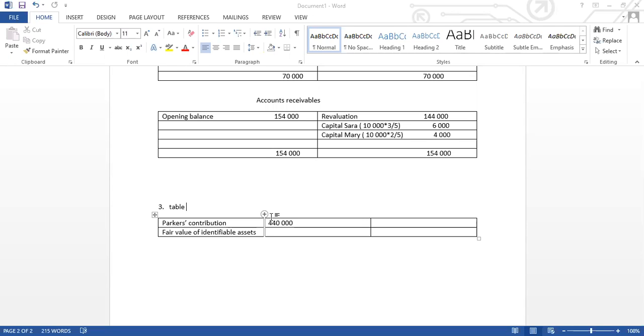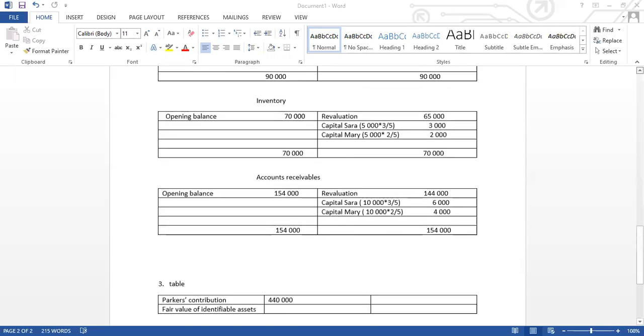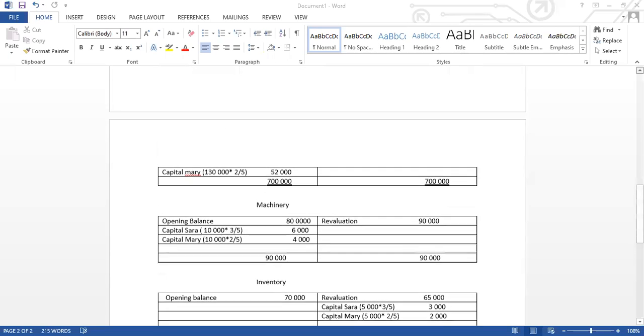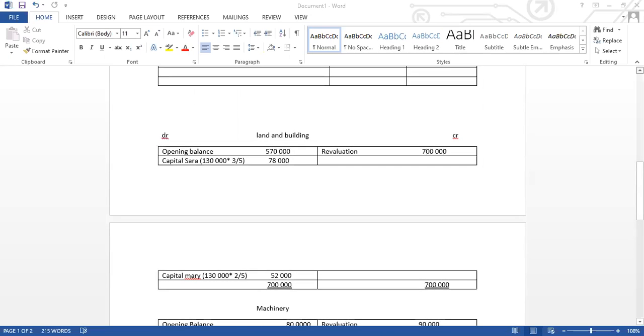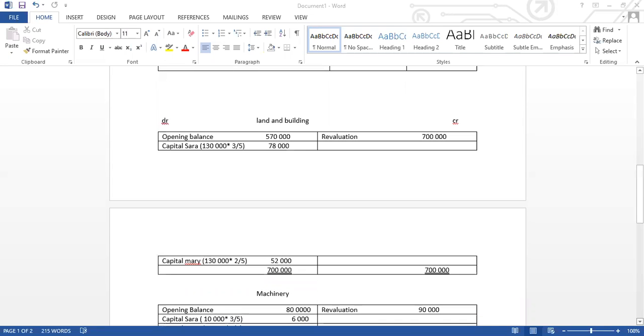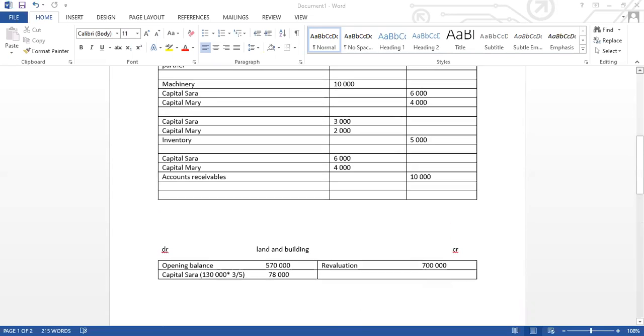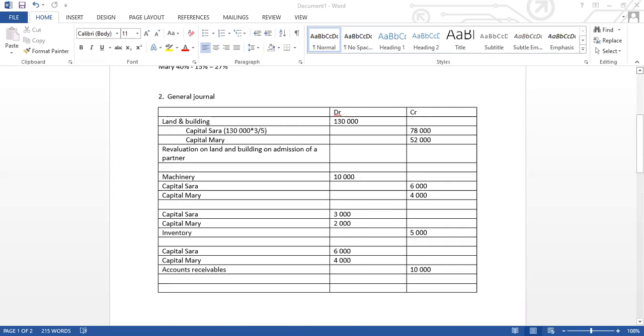Are you calculating the value of the identifiable assets? I know that it's a total for the partnership, like after... Hold on, give me a minute quickly.